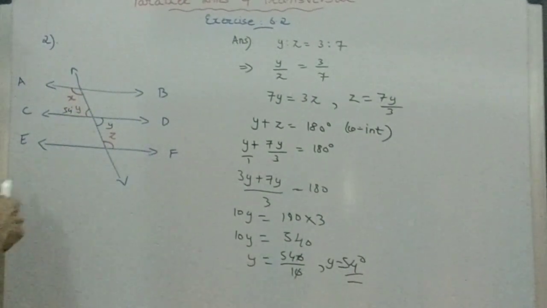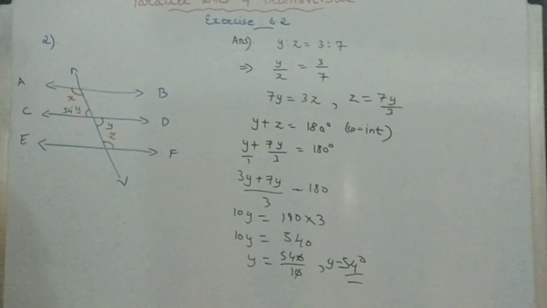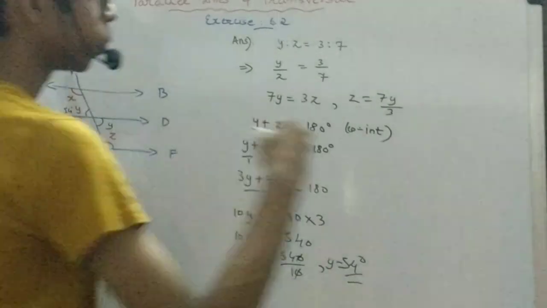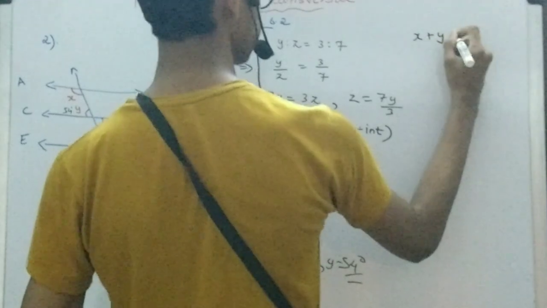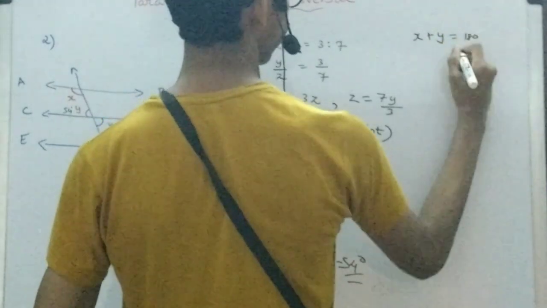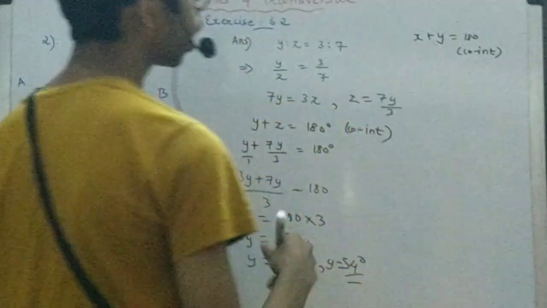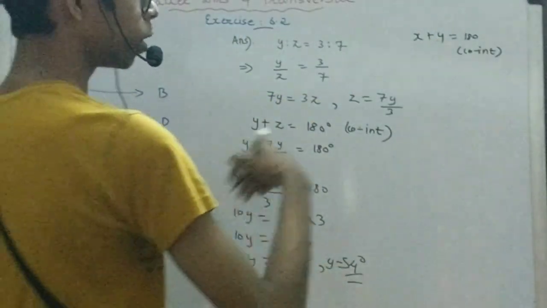Similarly, if you see over here, this angle y and this angle x, aren't they also co-interior angles? Yes. So from here I can write angle x plus angle y is equal to 180 degrees, because they are co-interior angles. Now if you see over here, angle y's value we have found equal to 54 degrees.